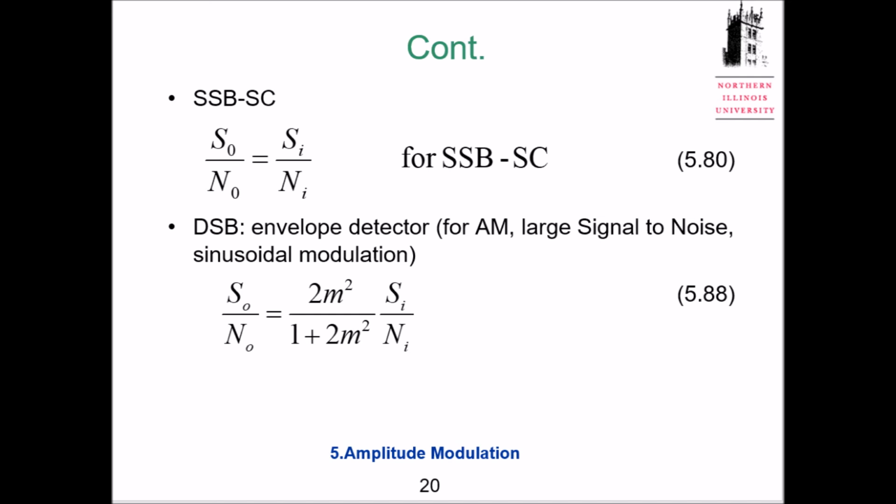So if m is a pretty small value, your signal to noise ratio will be much worse compared with your input. This is also the reason why people use very, very high power for the transmitter, because it can make this SI over NI pretty big when it reaches your receiver side.